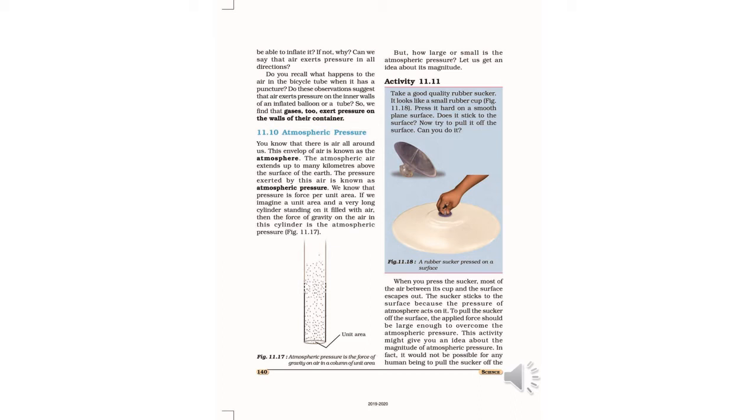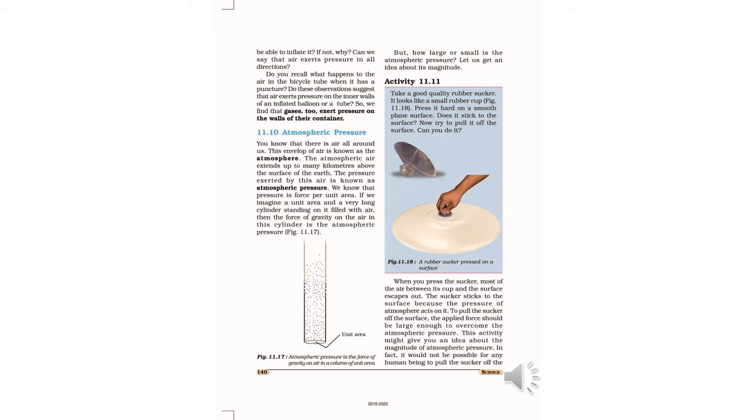If we imagine a unit area and a very long cylinder standing on it filled with air, then the force of gravity on the air in this cylinder is the atmospheric pressure. You can see the picture on the screen. Atmospheric pressure is the force of gravity on air in a column of unit area.